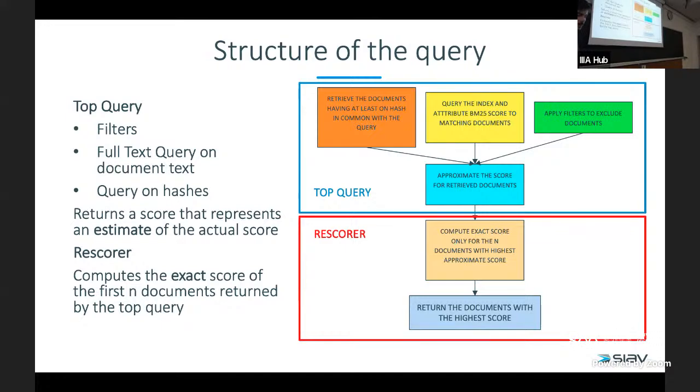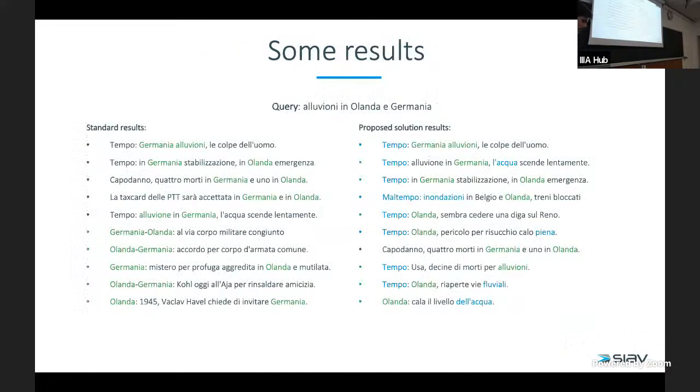First, however, we will take a look at the quality, we could say, of the results returned by our ideal approach.